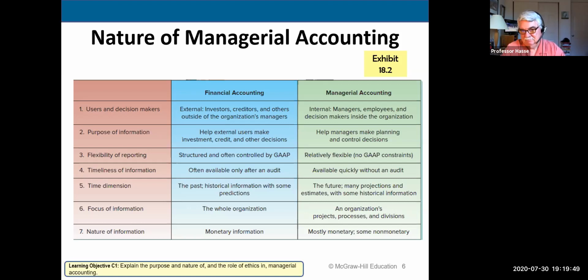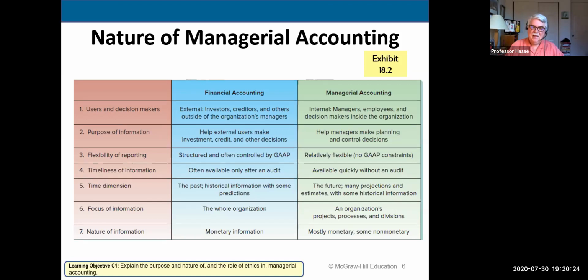Let me give you an example. About 2 months ago, the University of La Verne closed their financial records for June 30th, and they got their financial information. How did we do? What happened? That information was given to certain managers at the university who used it as managerial accounting information to determine, okay, what are we going to charge for tuition next year?